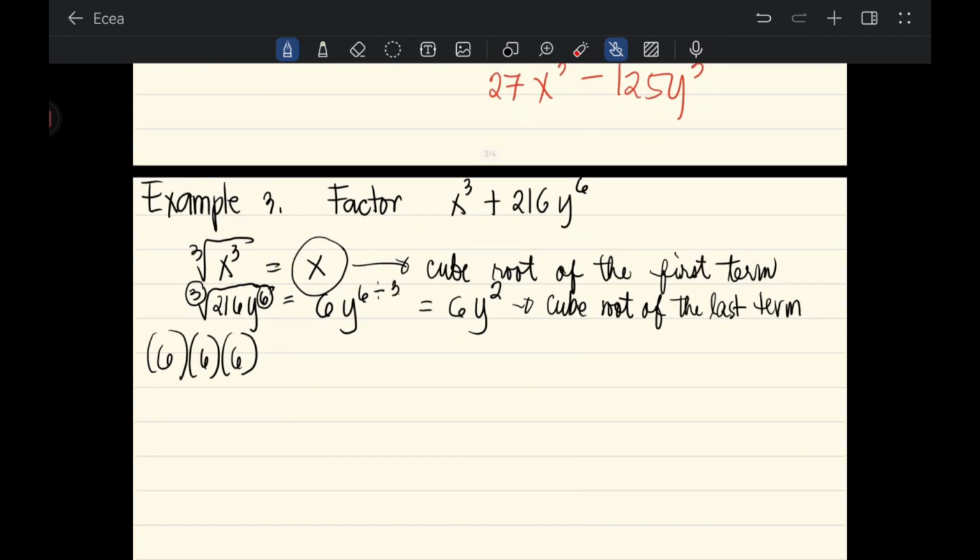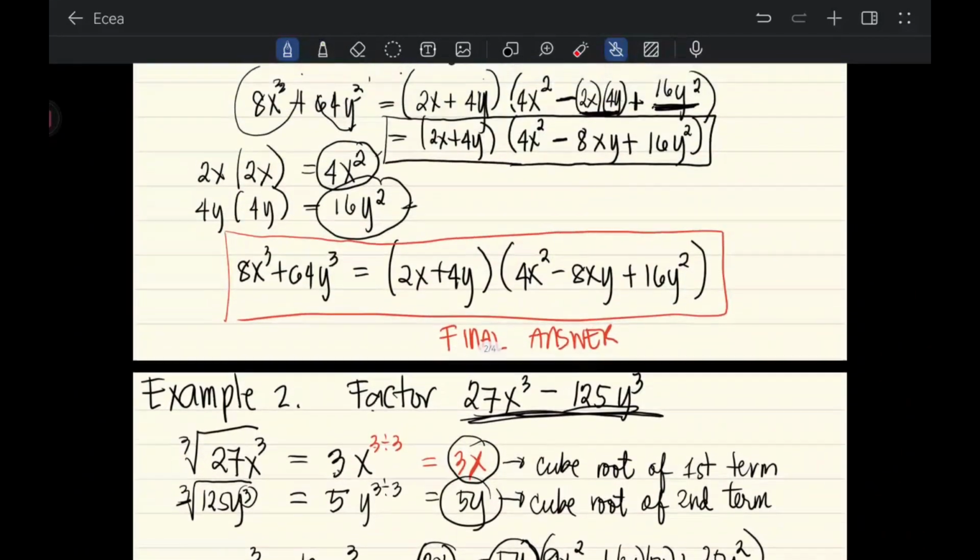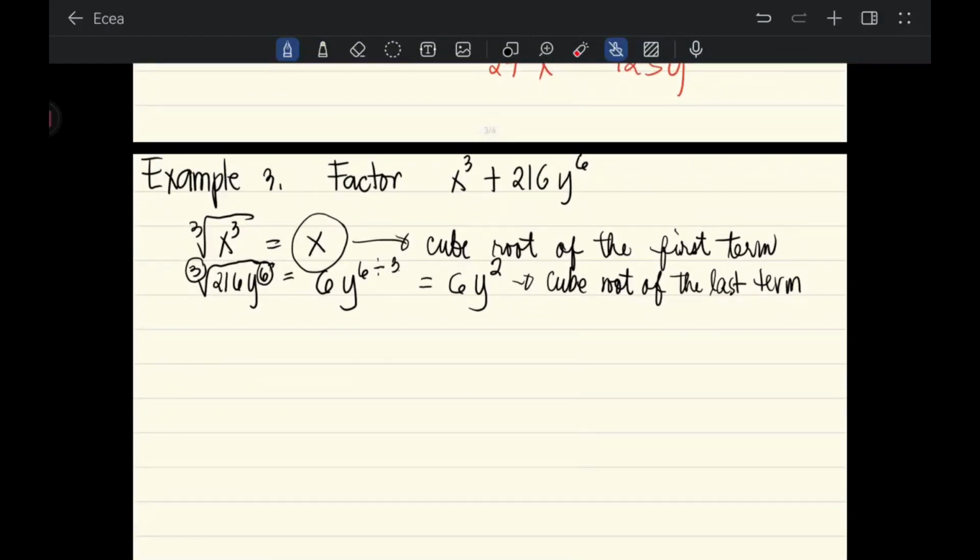Now, since we have the cube roots of the first and last terms, we are going to set up the factors. So, i-copy sa nato siya. X cubed ang given. This is x cubed plus 216y raised to 6.